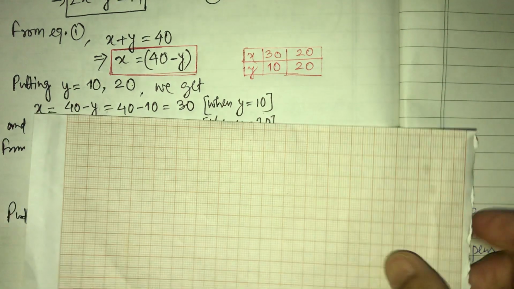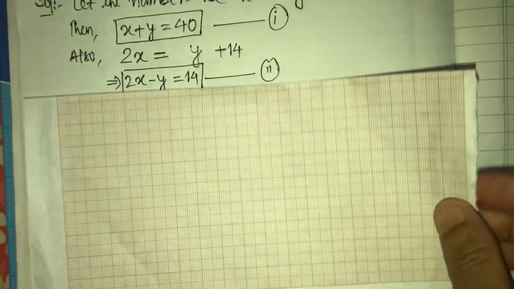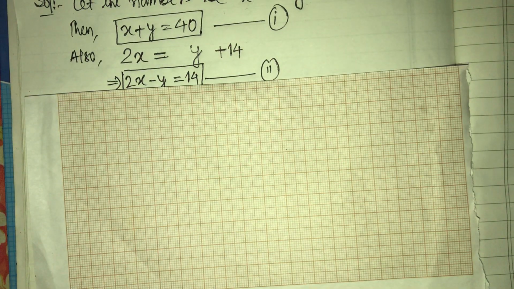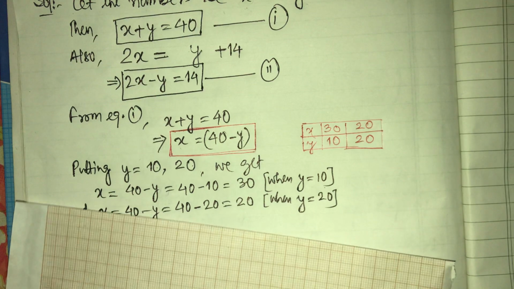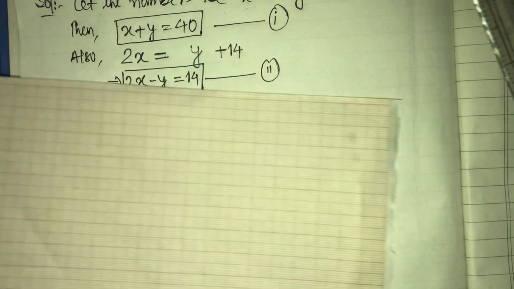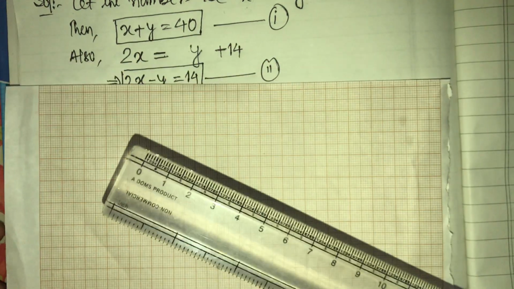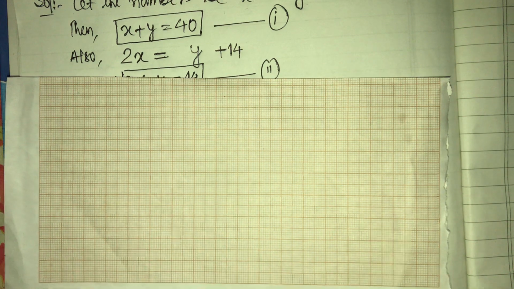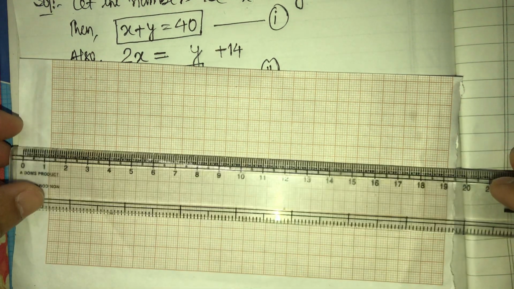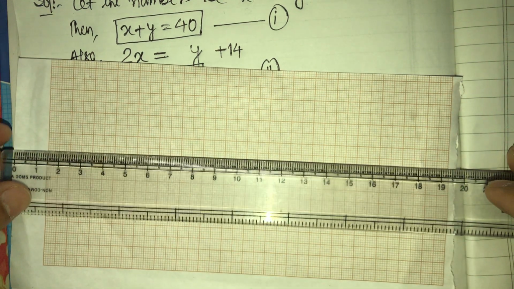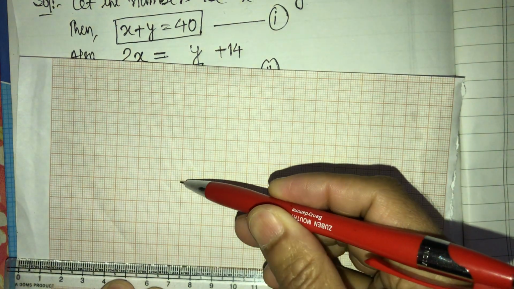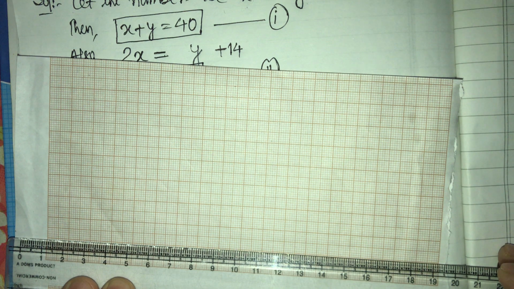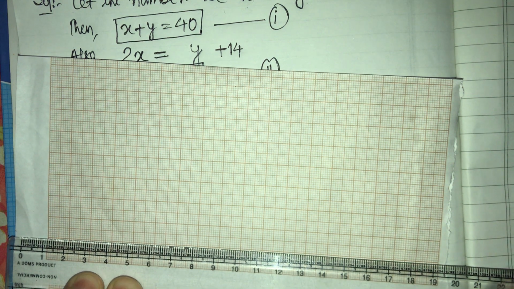Now we can plot here. We already know how to plot this, so let's do it. So let me do it in this way: 10, 20, 30, 40, we can go this way here.